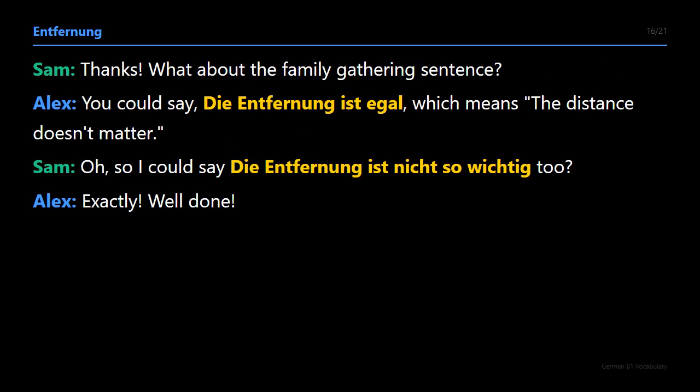What about the family gathering sentence? You could say, Die Entfernung ist egal, which means the distance doesn't matter. Oh, so I could say, Die Entfernung ist nicht so wichtig. Exactly. Well done.